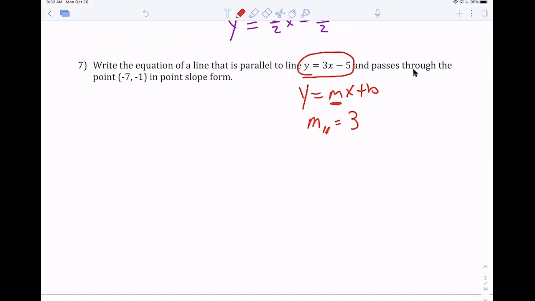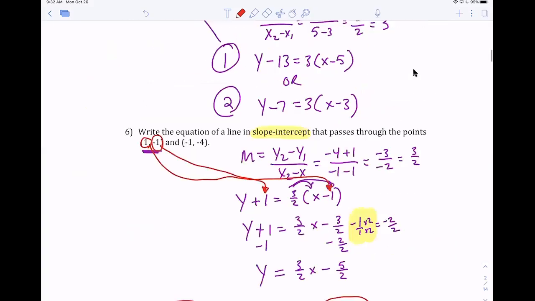Now, what I'm trying to tell you right now, Reagan, is every time you write an equation, you need a point and a slope. Every single time. You have to identify the slope and you have to identify the point. If you can identify both, you should be able to write the equation because we just did it 6 times. So this is the 7th time now.